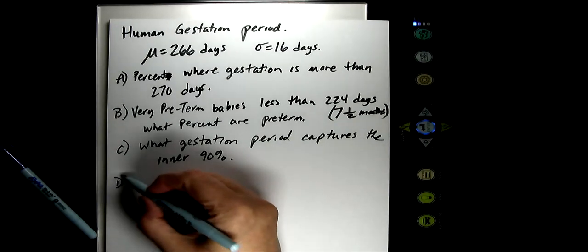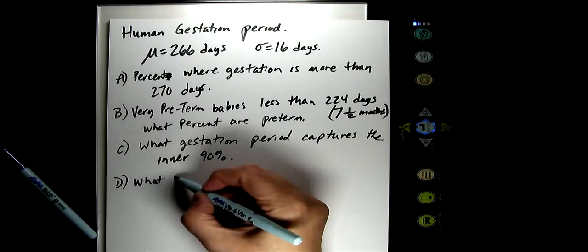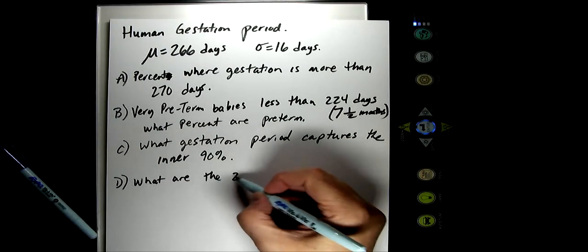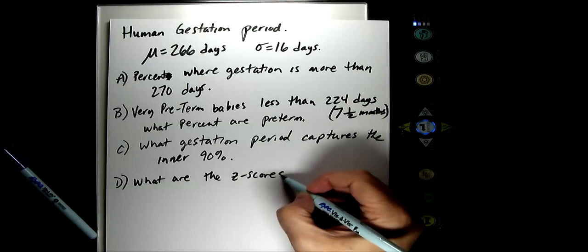And D, what are the z-scores for those, for the inner 90%?